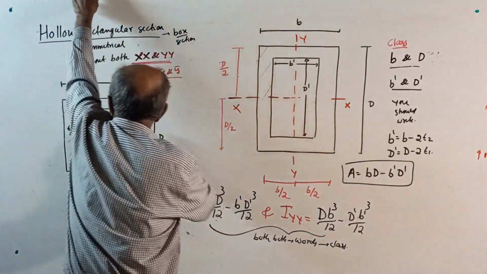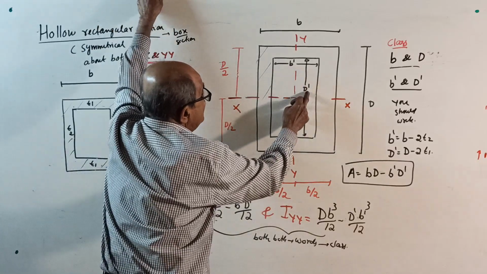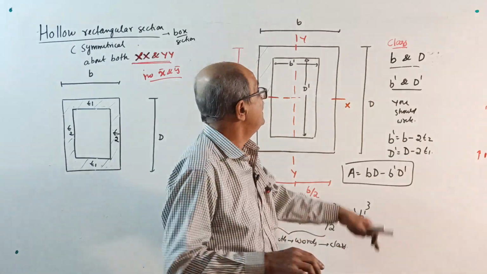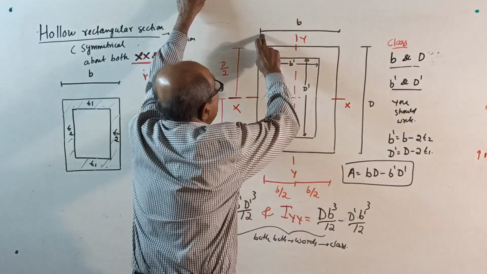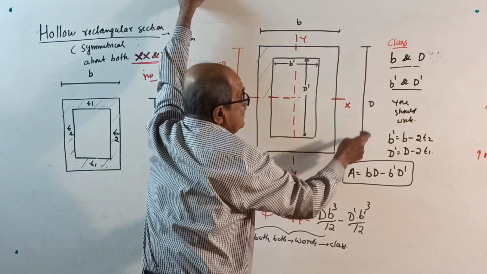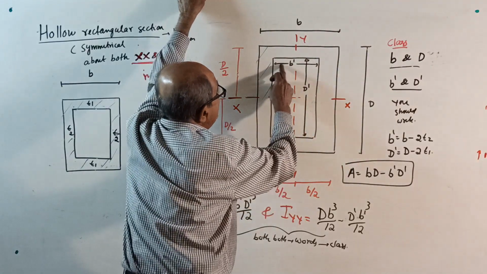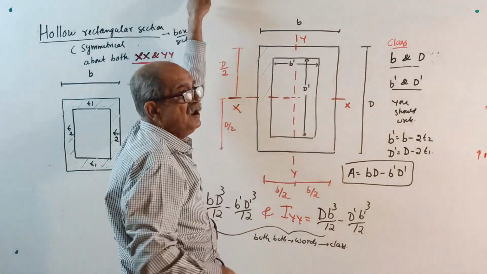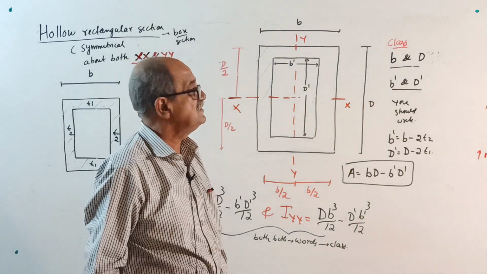Inside here, this is the empty portion. B dash and D dash are dimensions for the empty portion. B is the outer width, D is the outer depth. B dash is the empty width, D dash is the empty depth, or inner width and inner depth.